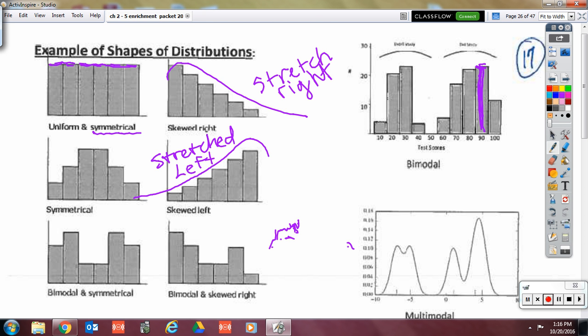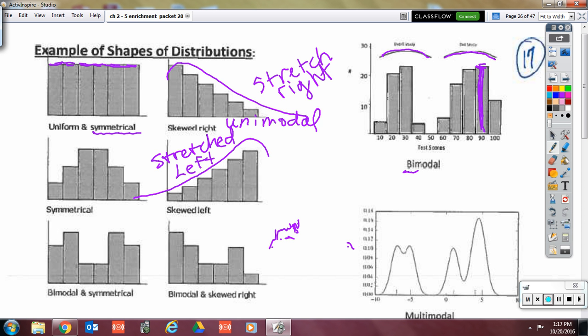In this case, we have two sections that have a mode. This is considered bimodal because it's got two modes. Most of the time, we deal with something that's more unimodal. Unimodal would have how many modes? One. So you can see up here, this one is also unimodal.